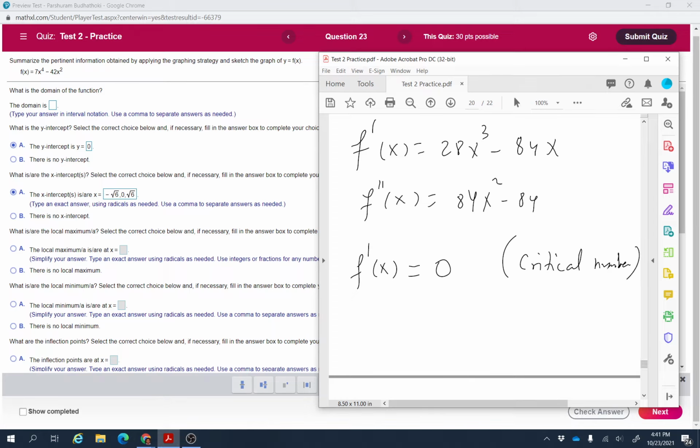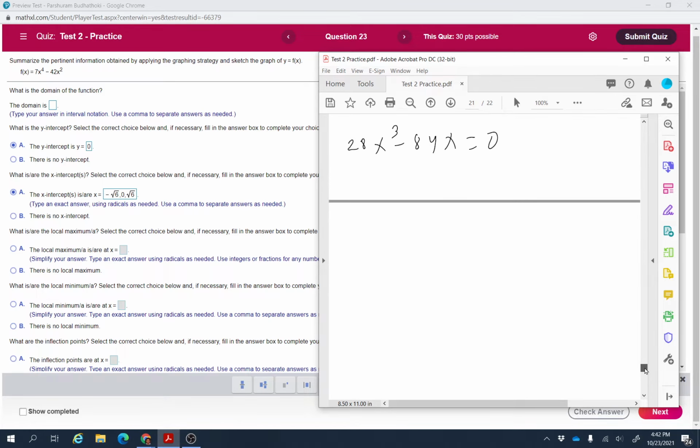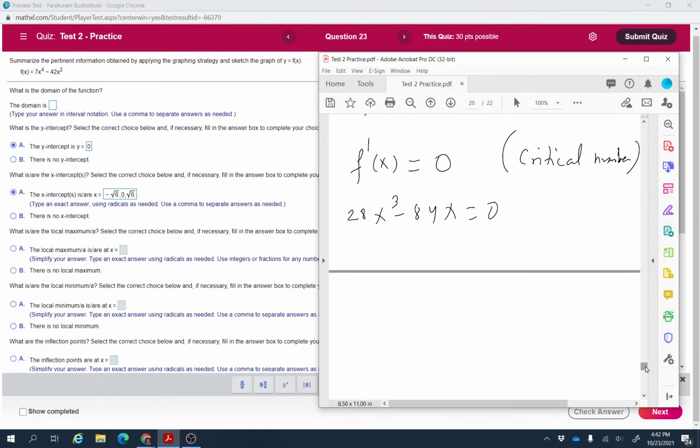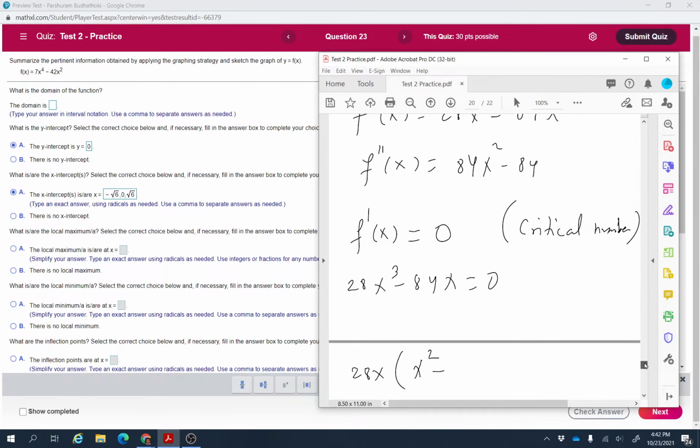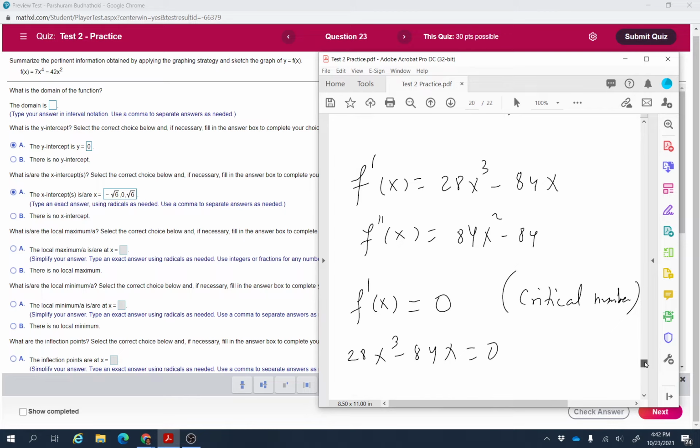So if we do that, 28x cubed minus 84x equals 0. Now solve for x. We can just factor out 28 and x, which gives x squared minus 3, because 28 times 3 is 84. What is the common factor between 28 and 84?